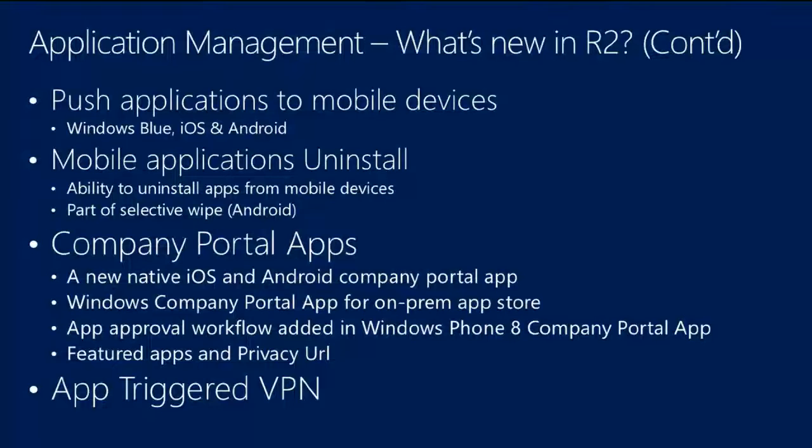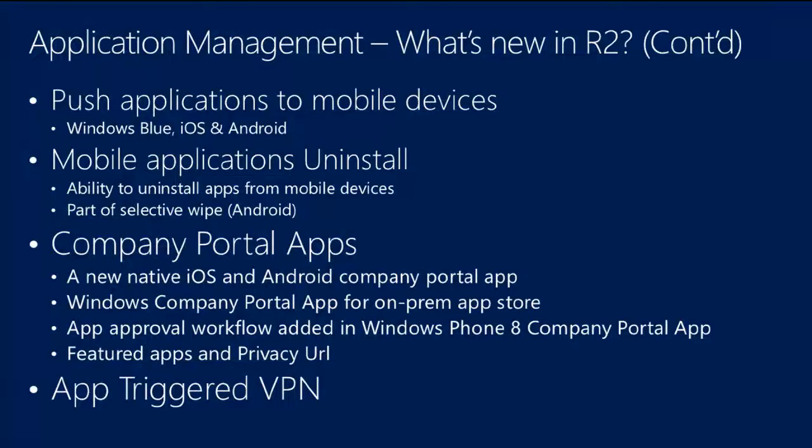So I showed an app catalog, the traditional portal, but then we also saw the new one on RT. Our plan is to move all the old app catalog into the new format. So it will still talk to your on-premise app catalog service, but it will have a modern, rich UI on Windows. The last thing is there are app approval workflows. So if some of your apps require an end-user request and you have to approve it, we are adding that support in these new portals.